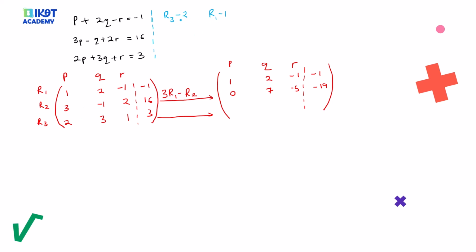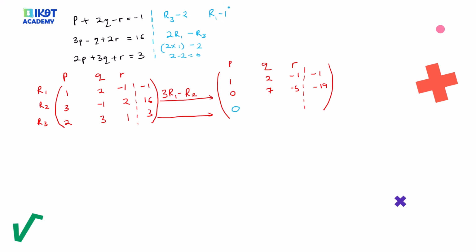Whichever way you do it, I'll choose 2R1 because R3 is 2, and we bring this one to minus R3. Then we test it: 2 times R1, which is 1, minus R3, which is 2. So this is 2 minus 2, which is 0. So now we put 0 here.